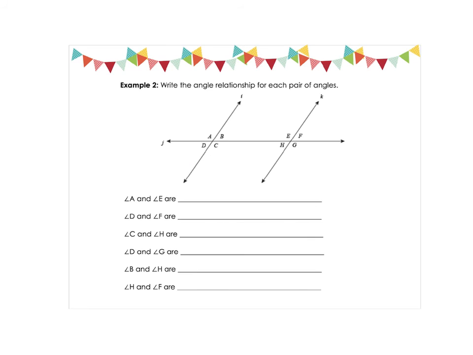Okay, so let's look at example 2. Here we want to know the angle relationship. So you're going to refer back to your notes. So let's look at A and E. They are equal. They're on the same side of the transversal. So therefore, they're called corresponding angles.